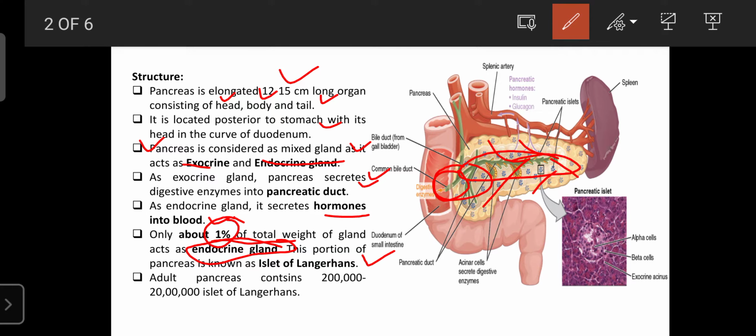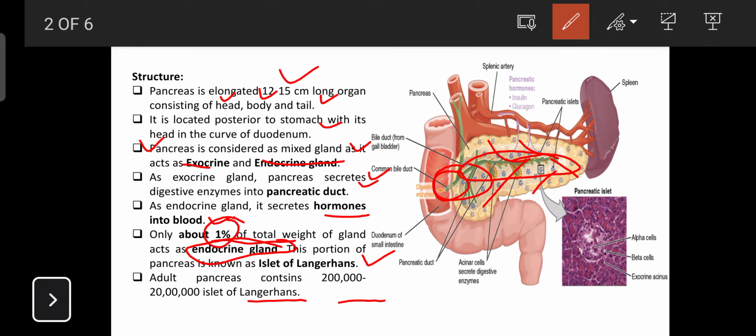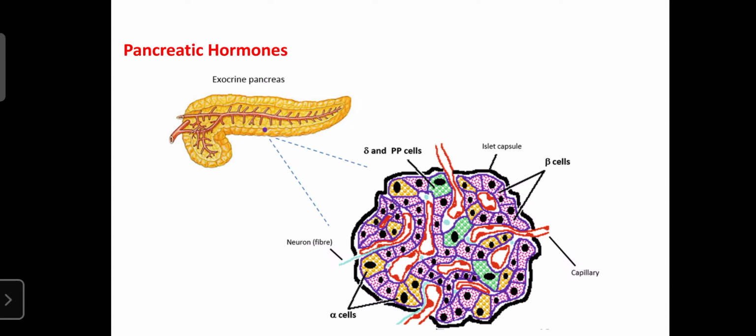The pancreas contains around 2 lakh to 20 lakh islets of Langerhans, and the islets consist of different types of cells. Especially, they consist of alpha cells, beta cells, delta cells, and PP cells.